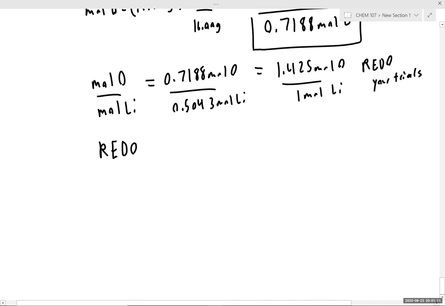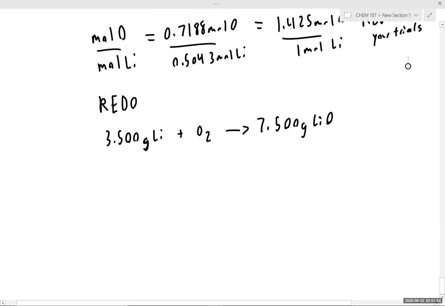And in their redo, they took 3.500 grams of lithium and reacted it with oxygen. And this time, when they performed the experiment accurately, they got a final mass of 7.500 grams of lithium oxide.